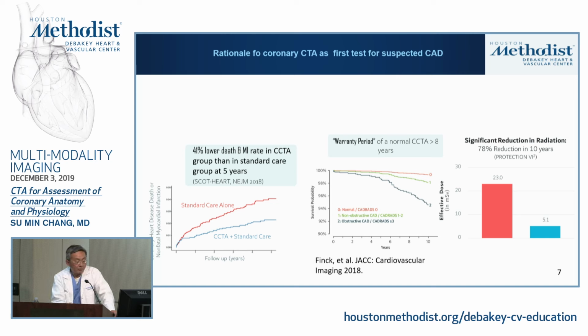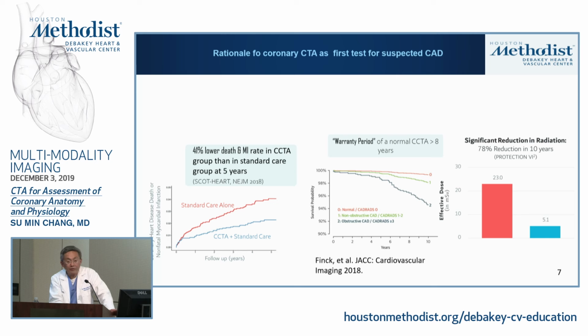And I think the most important thing people forget to mention is the technological advances that we achieved over the last, I would say, 5 years. It is tremendous for fellows who have been here a bit longer. I would say 80% of the time, you can achieve high quality images with very low radiation compared to SPECT or PET.